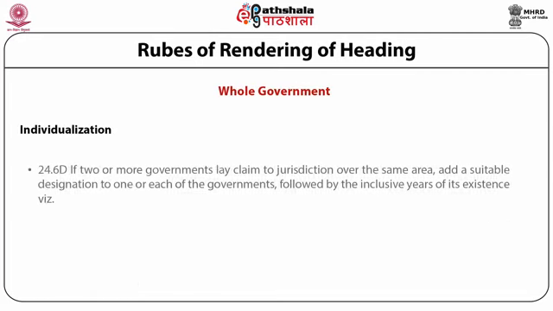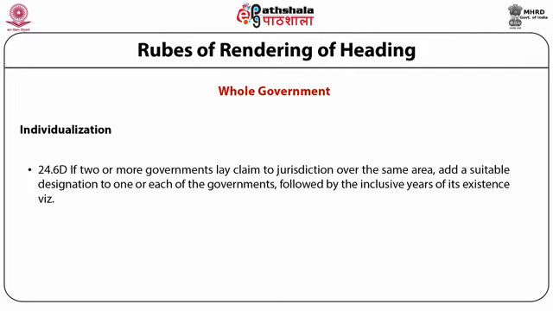Rule number 24.6D: if two or more governments lay claim to jurisdiction over the same area, add a suitable designation to one or each of the governments followed by the inclusive years of their existence.